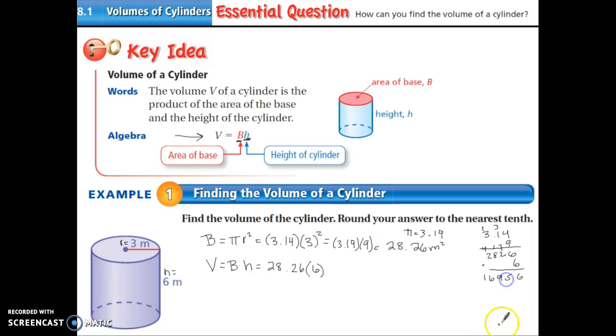And I end up with 169.56. And since we're talking volume, my units meters are cubed. Rounding my final answer to the nearest tenth, I find that volume is 169.6 cubic meters.